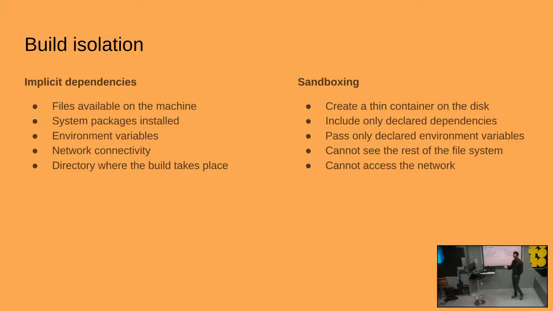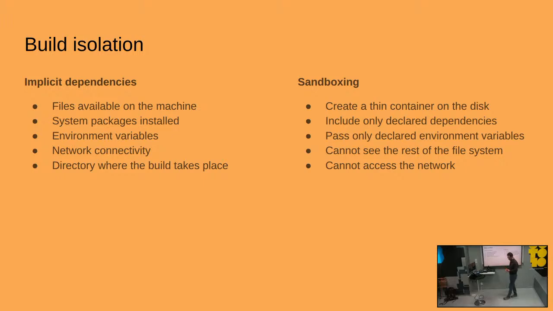So to address those problems with implicit dependencies leaking into the build context, we use something called sandboxing. You can think of a sandbox as a very lightweight, thin container that is created on a disk in an isolated file directory on a file system that can't have access to any other directories within the file system realm.